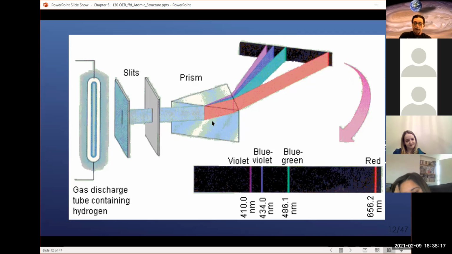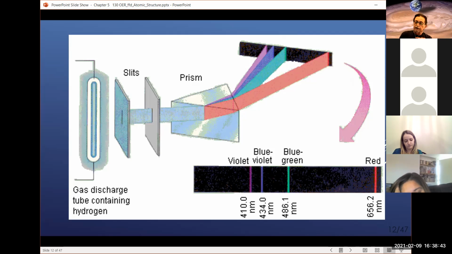Now, you're familiar with prisms, if not from science, then from high school or wherever else. Next time it rains, you go outside, you see a rainbow. Guess what? You see a prism out there, because the water droplets have taken the light, which normally is white light, and white light consists of electromagnetic radiation of multiple wavelengths, and it breaks them up.